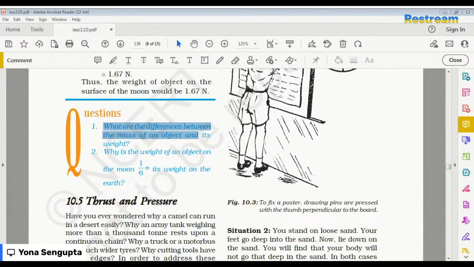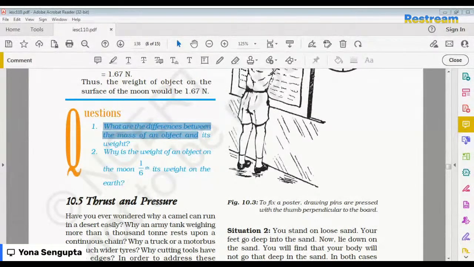The question is, what are the differences between mass of an object and its weight? Okay. Now you will be writing it part wise.